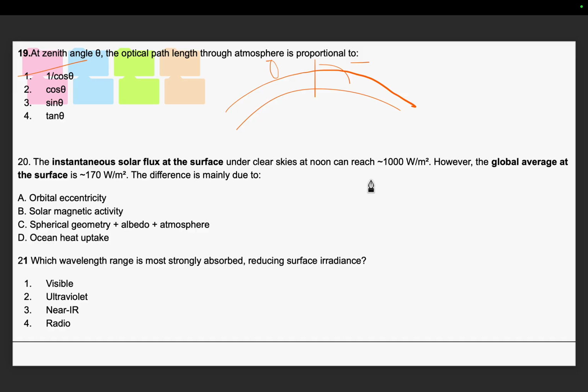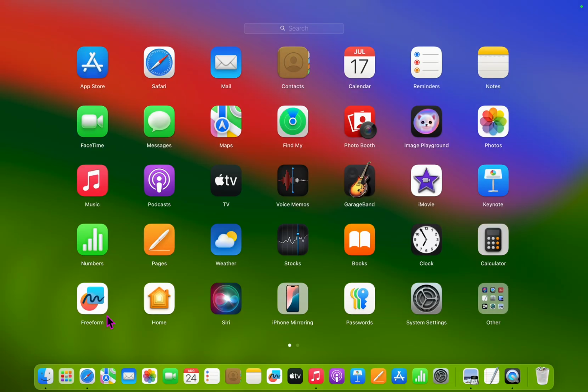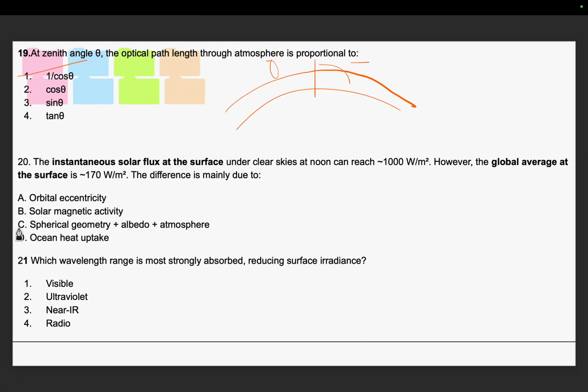The total contribution of eccentricity, solar magnetic activity, spherical geometry, albedo, and atmosphere, and D is the ocean heat uptake. Yes, the correct option will be C. The spherical geometry, albedo, and atmosphere, all three have an effect.